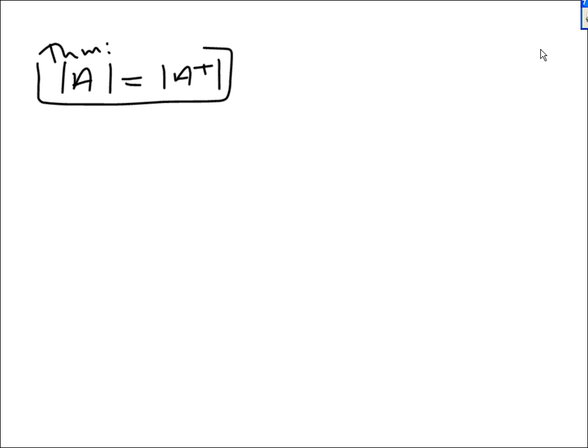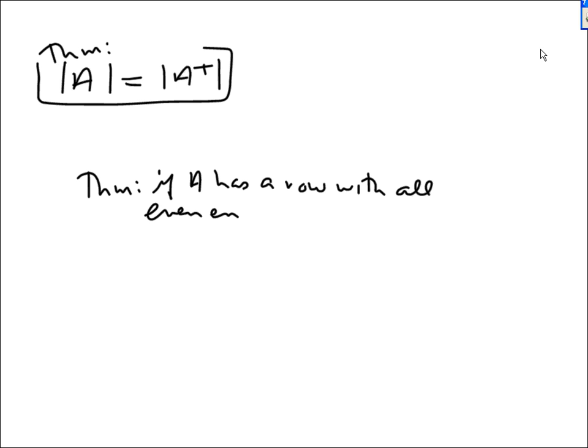Now, let's just suppose this other theorem is true. It is not true. But let's suppose it. Suppose if A has a row with all even entries, then the determinant of A is 72.